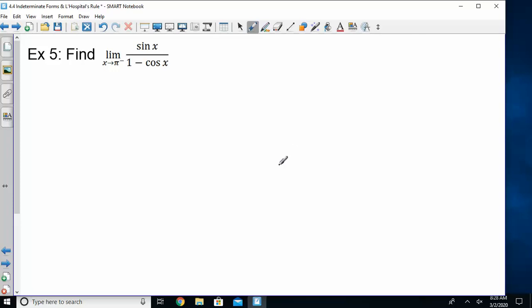Alright. So limit as x approaches pi from the left of sine x over 1 minus cos x. Okay, sine of pi. It's like sine of 180 degrees.